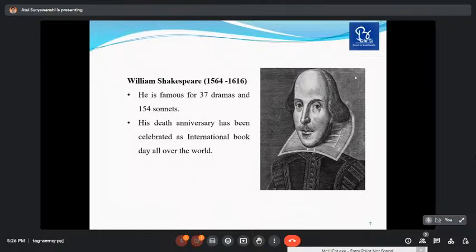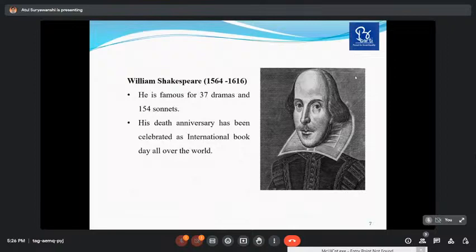Juliet belongs to the Capulet family and Romeo to the Montague family, and there was enmity between these two families. Wherever they met, they took out the sword. In such a feud, there was an immature love between Romeo and Juliet.